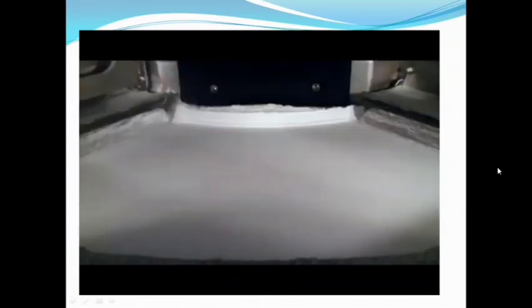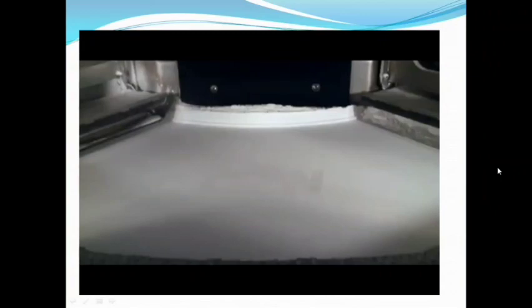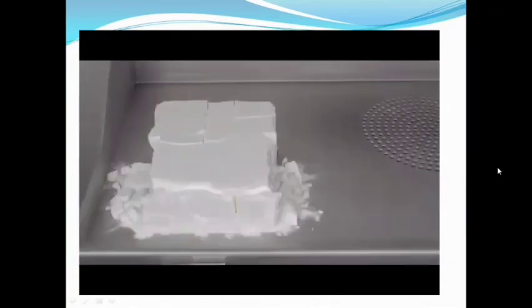A thin layer of heated powder material is applied onto the building platform by using rollers. Simultaneously, we can see the laser scan selected areas of the working area, which are bonded to the previous layers. So the process continues again and again until the entire component gets printed.